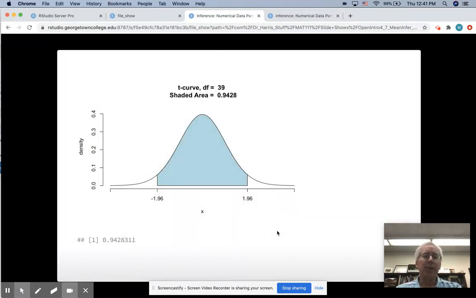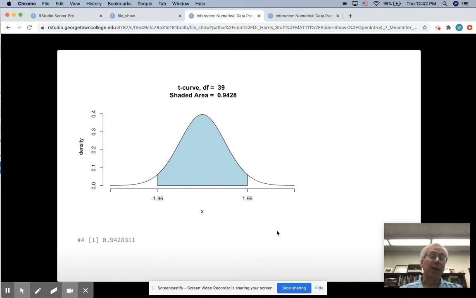We can see here that since the area between negative 1.96 and 1.96 with 39 degrees of freedom is 0.943, rounded to three decimal places, what we would be computing if we use 1.96 as a multiplier is not a 95% confidence interval, but a 94.3% confidence interval. So not too far off, but still not quite the same.